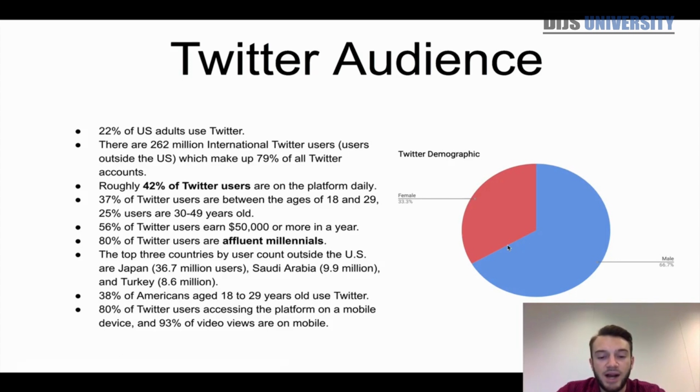If you have an offer that is unisex, you can still tailor the ads towards males, because that demographic is more dominant on Twitter. For example, a weight loss program can be for both male or female, but when creating the ads, remember that there are more males on Twitter, so maybe have a male in your ads rather than a female.